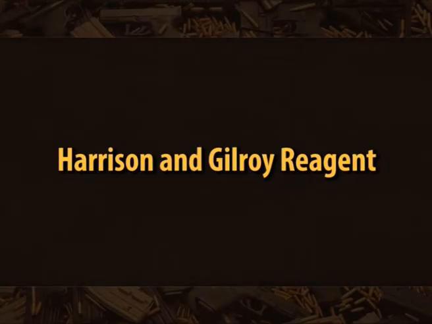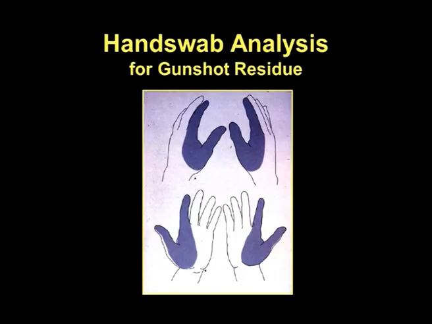Now coming to the Harrison and Gilroy reagent. This reagent is actually intended for the identification of GSR on hand swabs, but can be used just as well for range of firing estimations once the particles have been removed from the garment.